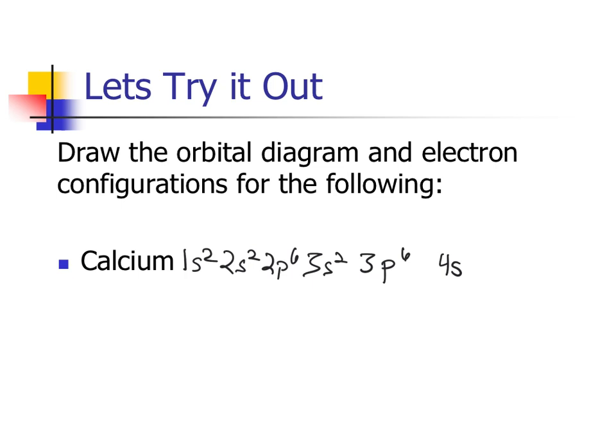I know it's filled all the way up there because it has to be, because it's in the 4th row by now. Now, calcium is the 2nd element in the S block in the 4th row. It is also in group 2, which means it's 4s2. And if I add up all the superscripts, I would get 20 of them.